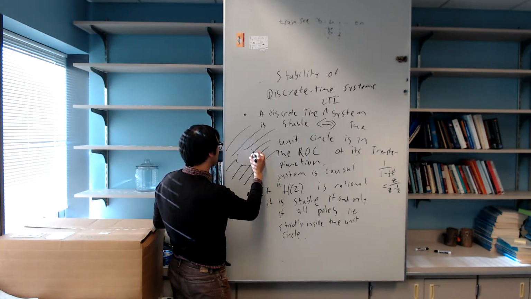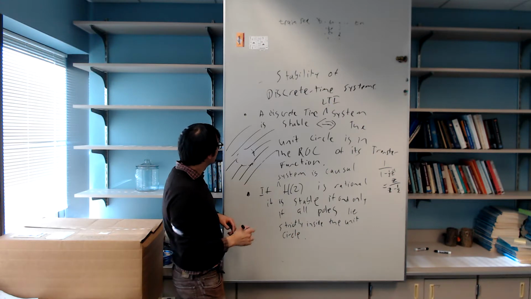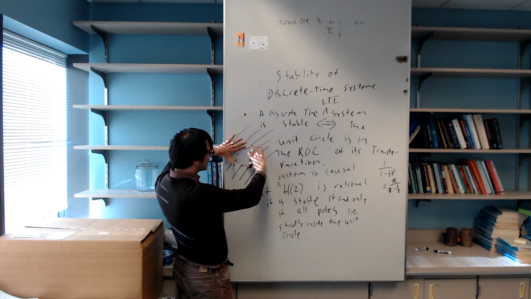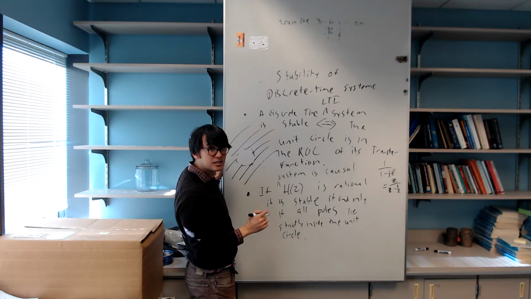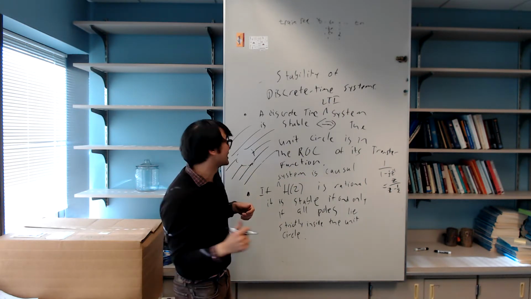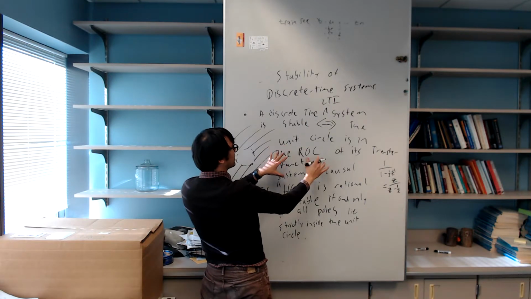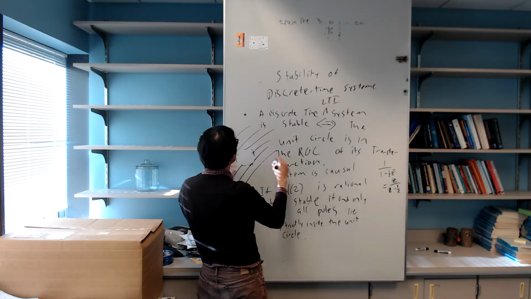Say we had poles over here. If we have poles over here, the furthest ones out are going to dictate where the region of convergence is. And so if we want stability, then by this property up here, we need the unit circle living in the region of convergence.